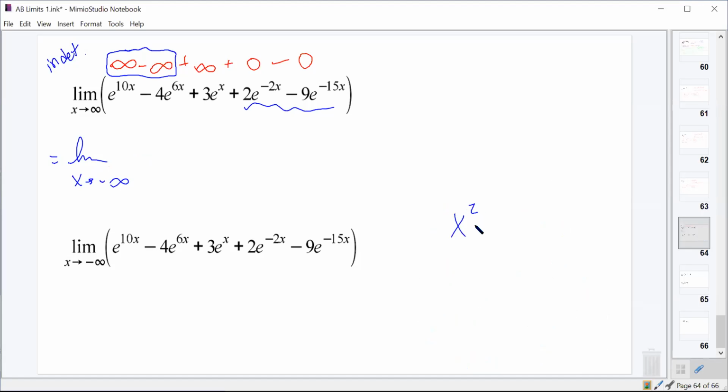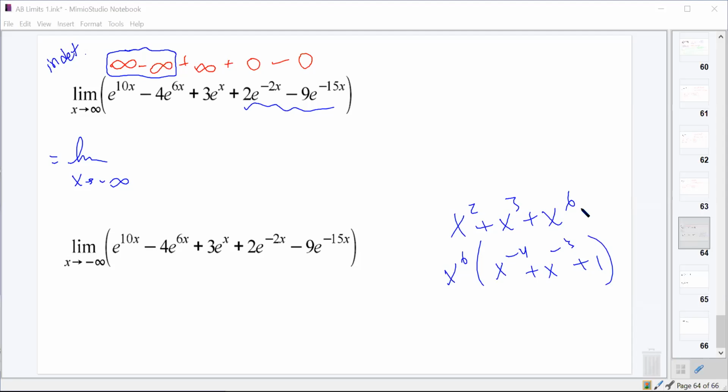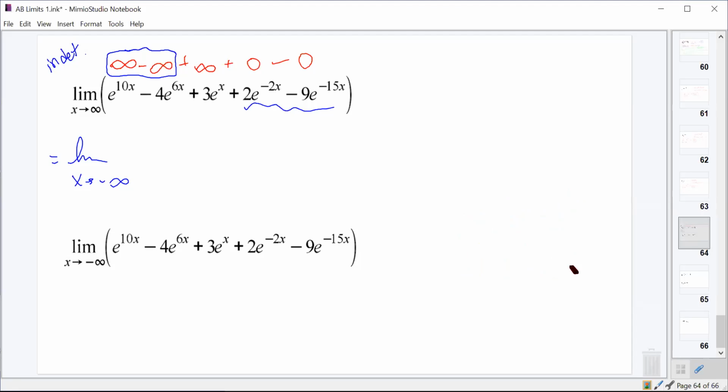When I had x squared plus x cubed plus x to the 6th, and I took out x to the 6th, that gave me a negative exponent, a negative exponent, and just a constant, right? So which of them did I take out? I took out the largest power. So let's try taking out the largest power over here.